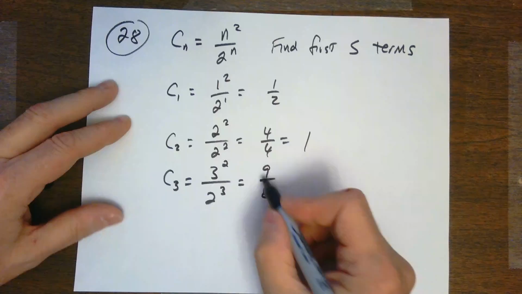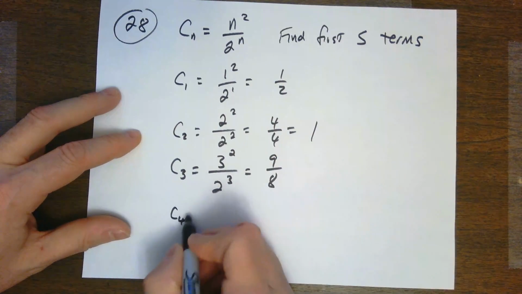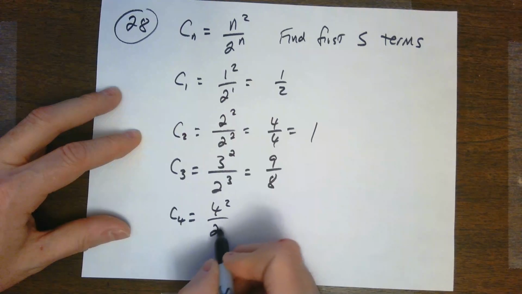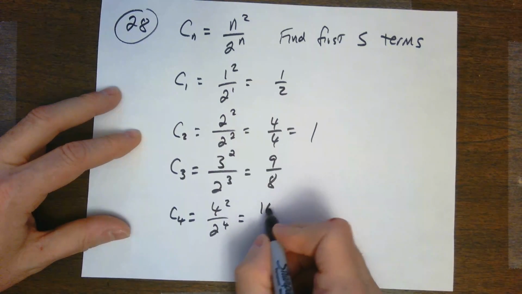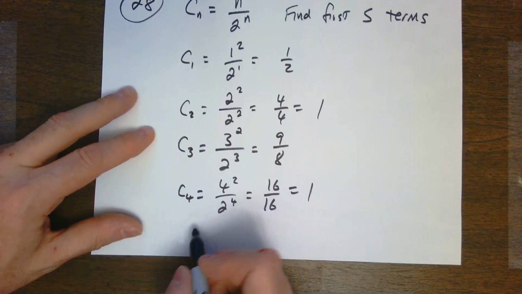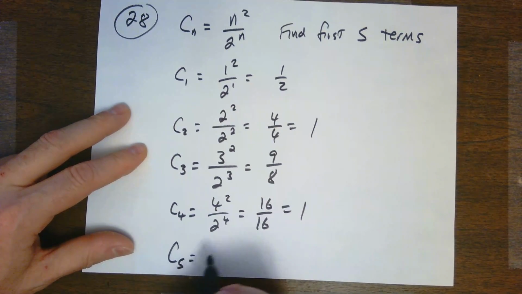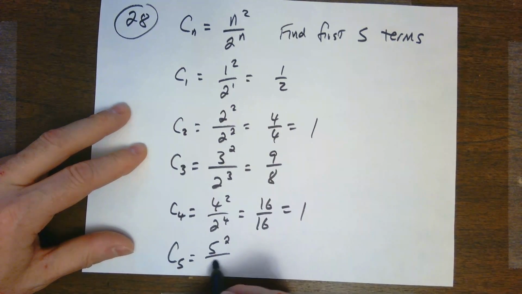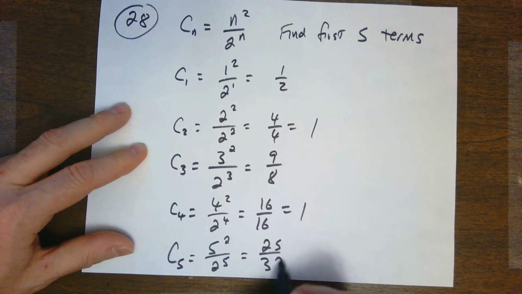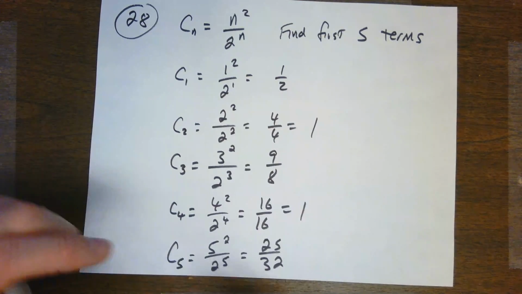That would be my third term. C4, my fourth term, would be 4 squared over 2 to the fourth. 4 squared is 16. 2 to the fourth is also 16. That would be my fourth term. And then finally, my fifth term would be 5 squared over 2 to the fifth, which would be 25 over 32.